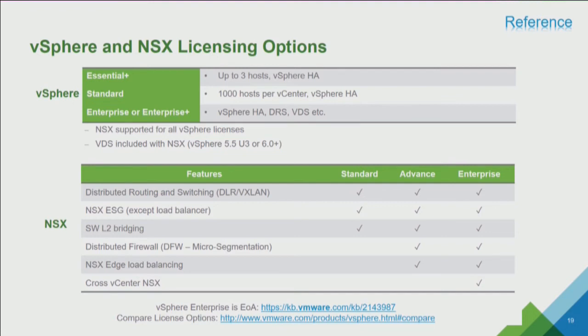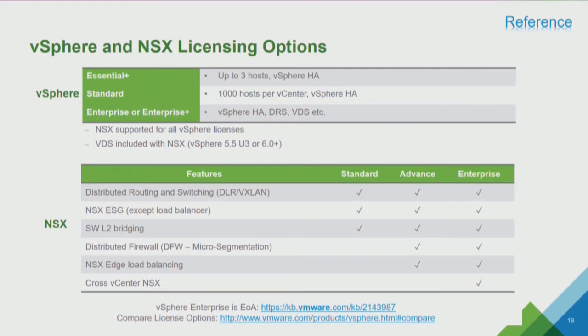VDS comes with the Enterprise Plus license, but if you have an NSX license, VDS is already part of it, so you don't need to purchase Enterprise Plus. So even if you have an Essential Plus vSphere license and you have NSX, you are getting VDS for free.